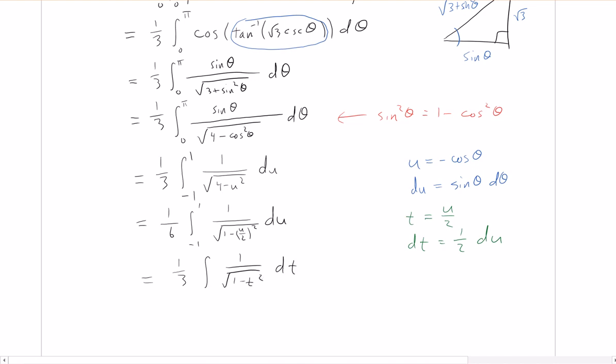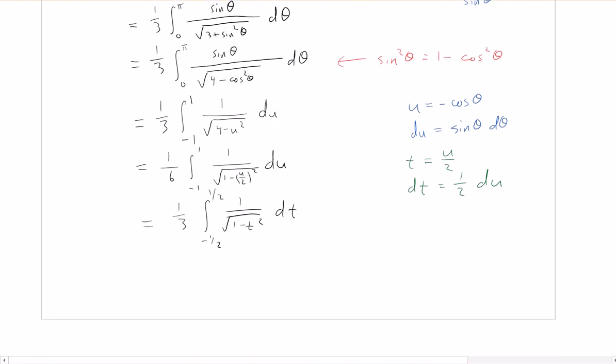So the new bounds will be negative 1/2 to 1/2. And you should maybe recognize at this point that this function, 1 over the square root of 1 minus t squared, is exactly the derivative of the arcsine function. So from negative 1/2 to 1/2.